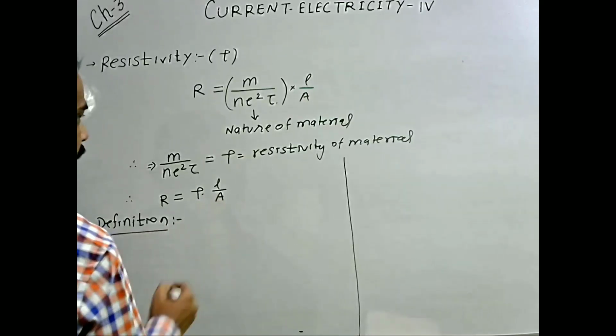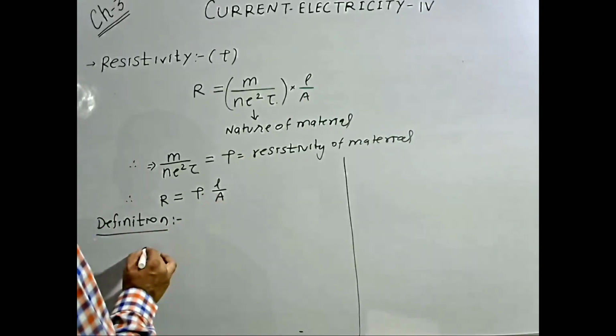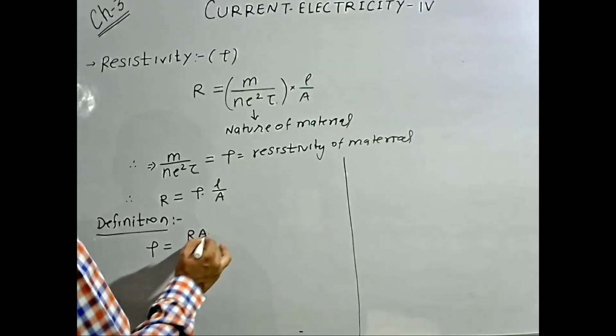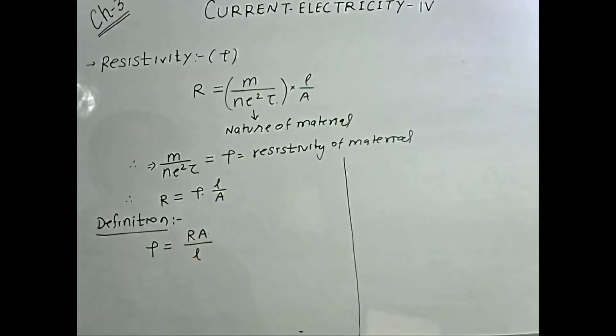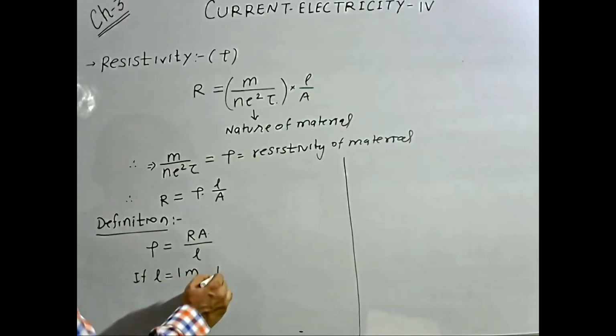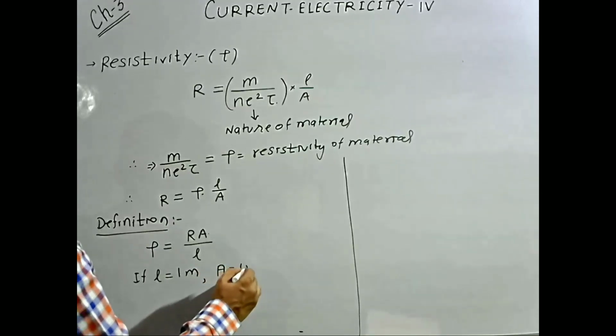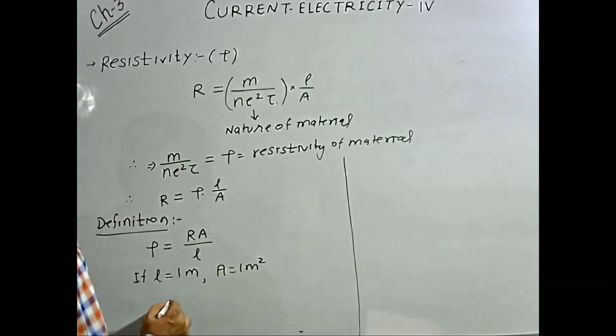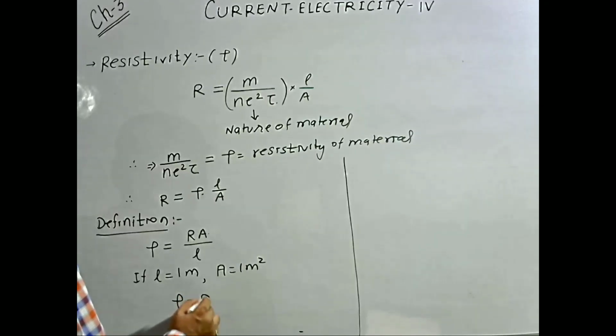Now the definition of resistivity. From this expression, first you note down the formula: rho is equal to RA upon L. If L is equal to 1 meter and A is equal to 1 meter square, then rho will be equal to R. Understand?